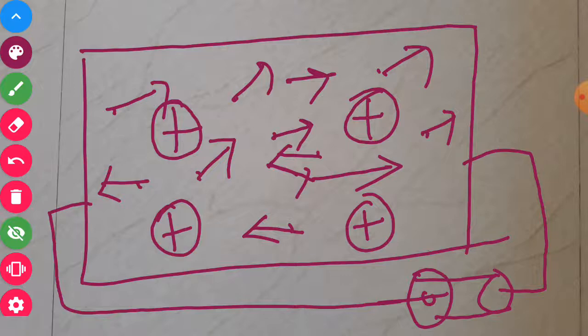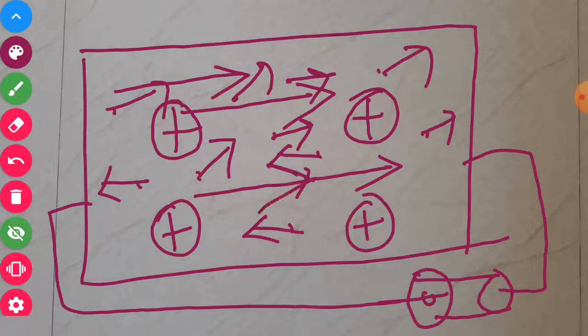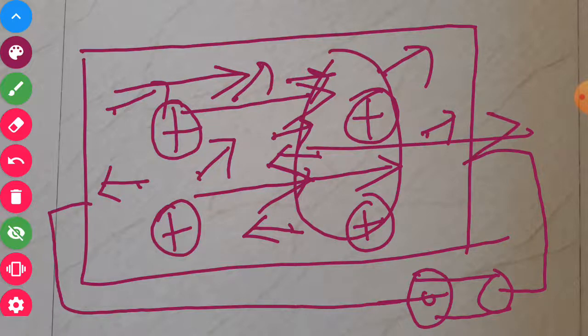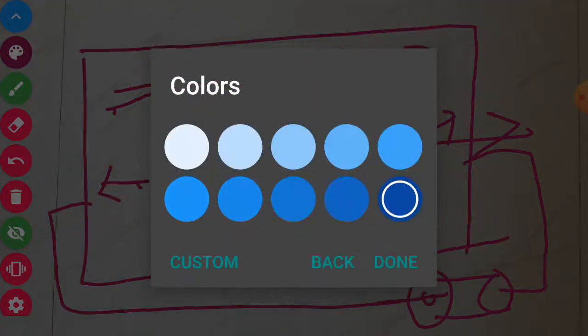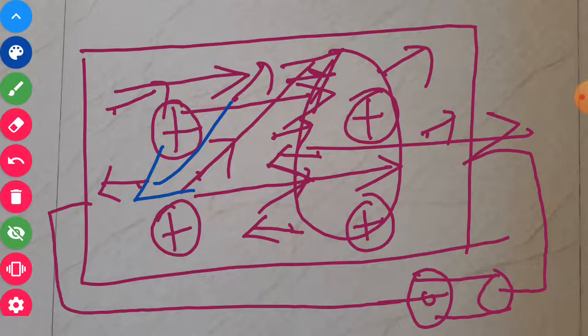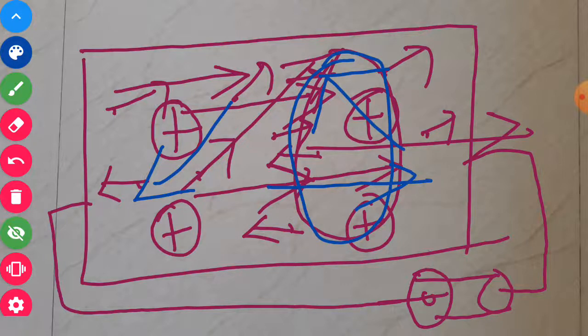Because of the motion of these electrons in one particular direction, the net amount of charge will pass through the conductor and that will constitute the electric current. Earlier, some electrons were going in this direction, some in the other direction. So no net charge was crossing the cross section of the metal piece.